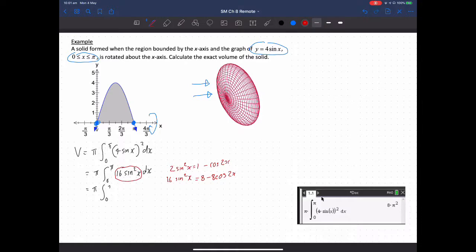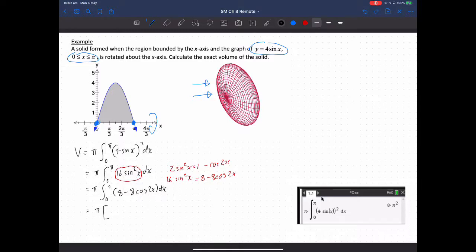We have 16 sine squared x inside our integral. So we're now going to do a straightforward substitution. Where 16 sine squared x is, I'm now going to write 8 minus 8 cos 2x dx. We are now ready to anti-differentiate. Now pi is the constant outside the square brackets.